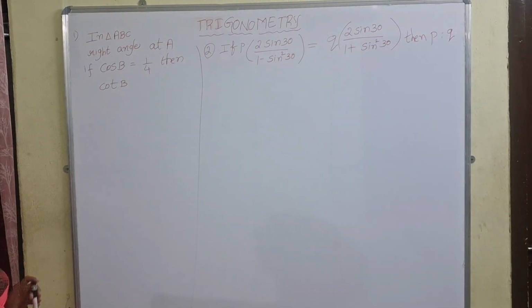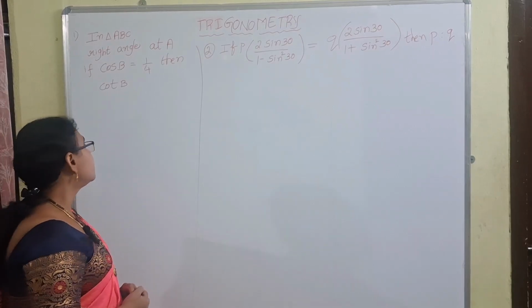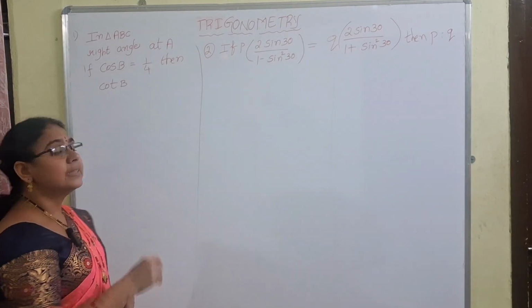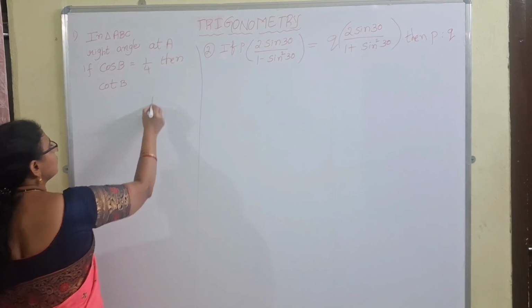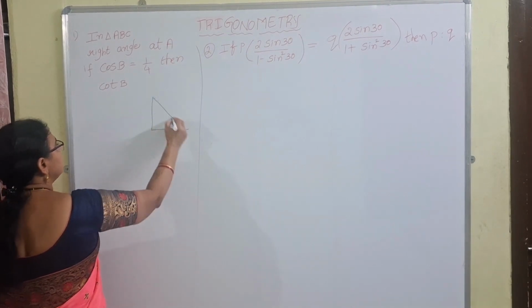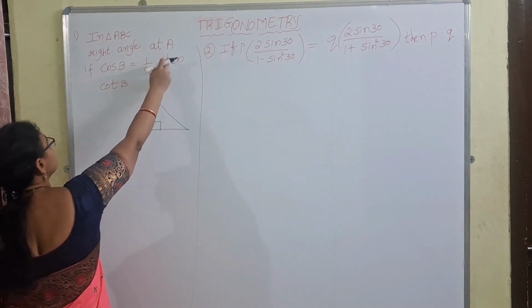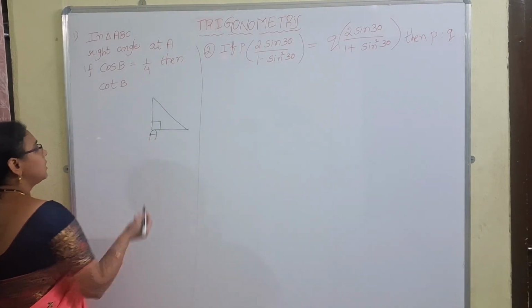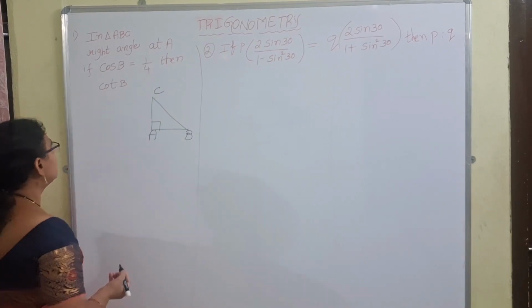In triangle ABC, right angle is at A. If cos B is equal to 1 by 4, then what is cot B? A right angled triangle, with the right angle at A. So here I am taking A, this is B, this is C. What is given?